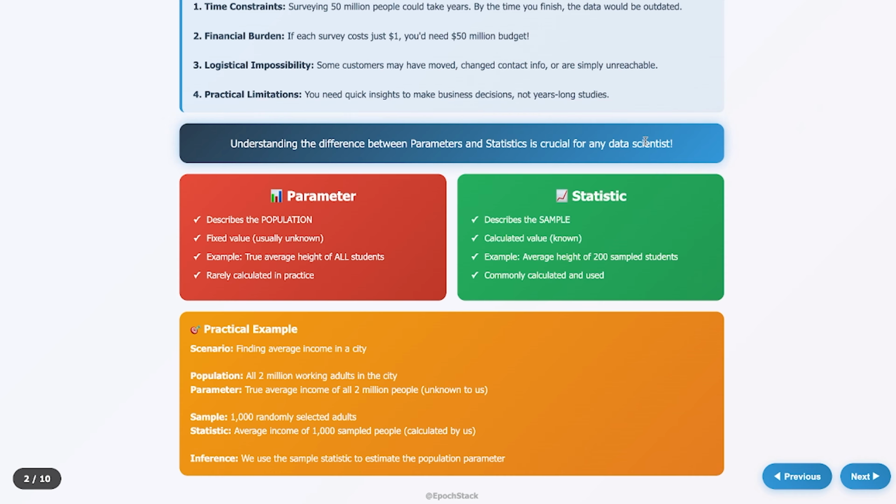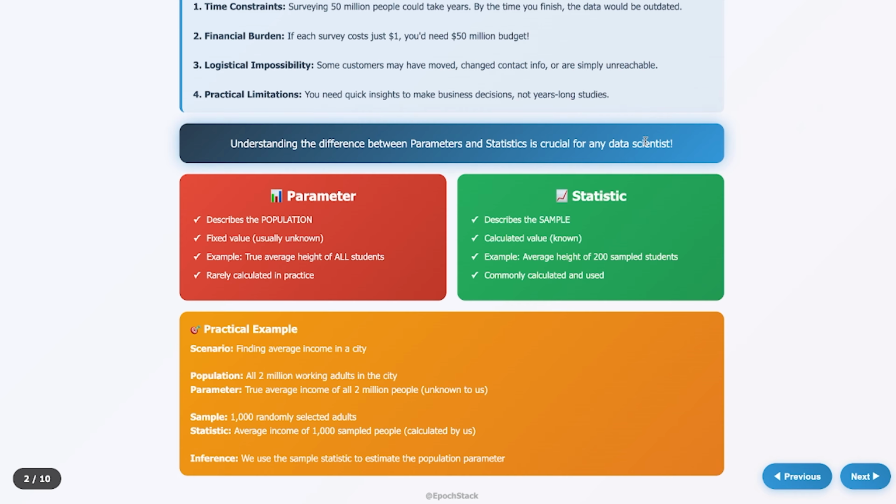But for example, you choose only 1,000 random working adults. You choose 1,000 randomly selected adults. In that case the statistic will be the average salary of those 1,000 random people. And the last term is called inference.